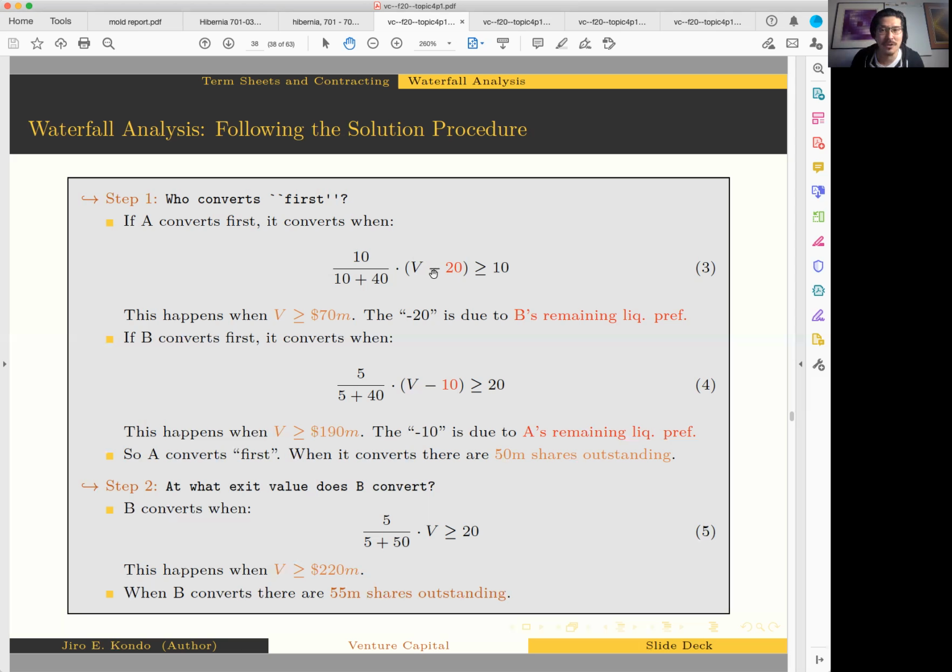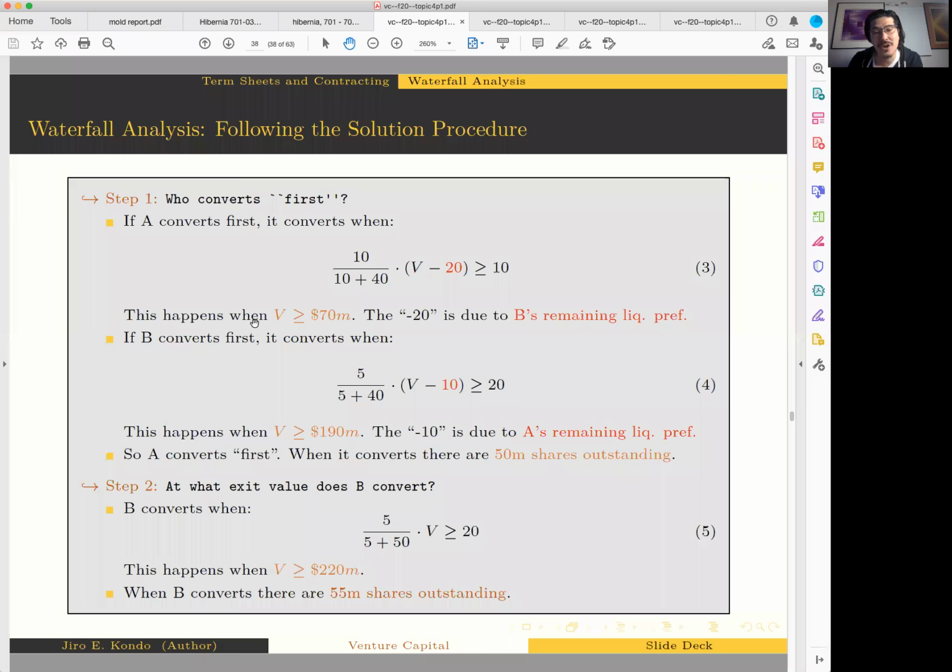This is just a simple mathematical equation, right? This is 1/5. We multiply by 5 on both sides of the equation. V minus 20 greater or equal to 50. Bring the 20 to the other side. V greater or equal to 70. Make sense? So what this says is, if A converts first, A converts at an exit value of 70 million.